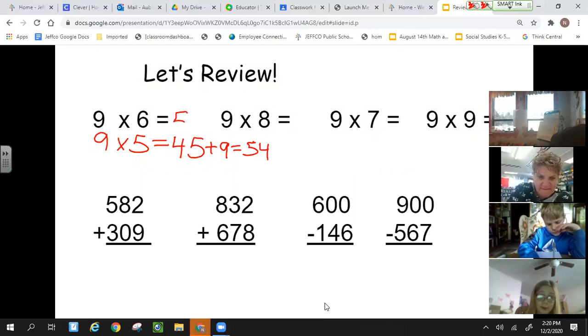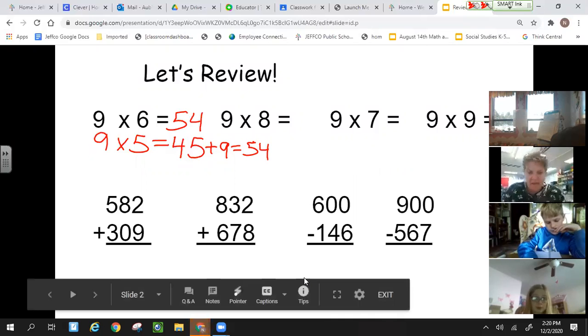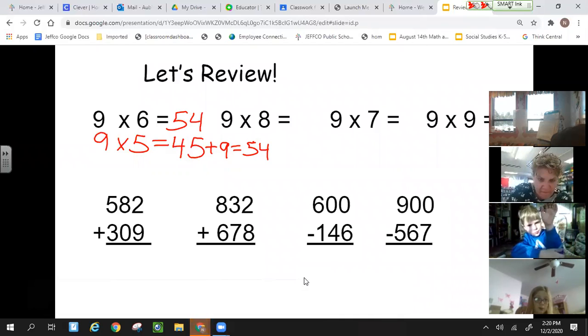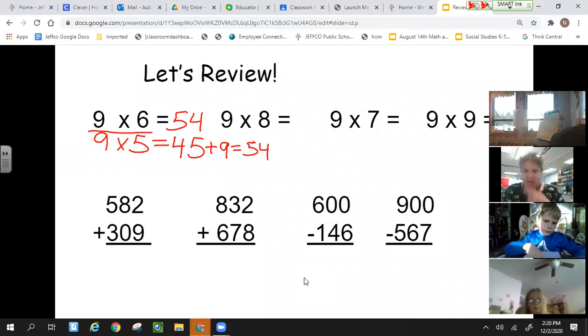54. Did anybody use the 9s finger trick to figure out 9 times 6? I see Charlie has his hand up. Which finger, Charlie, would I put down if I were going to use the 9s trick for this one?